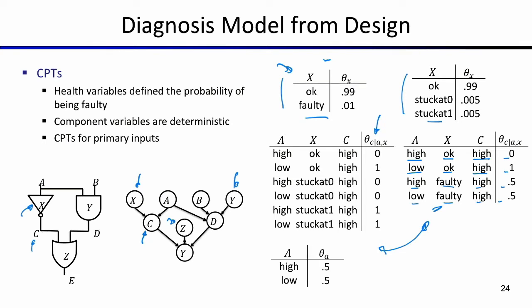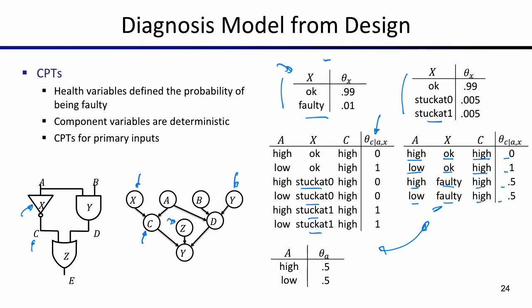In the same way, if you complete this table, you find out that C equal low is also going to happen with 0.5 probability. And this is the second way of modeling that we have the states stuck at 0 and stuck at 1. And now in this case, the table is going to be completely deterministic.